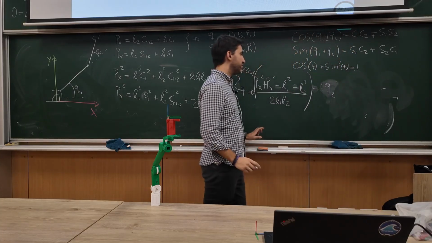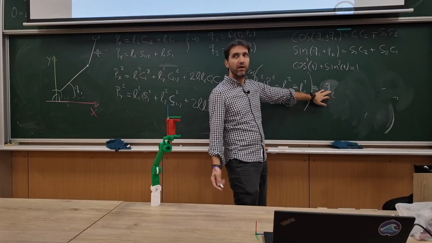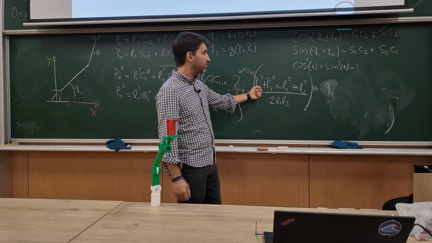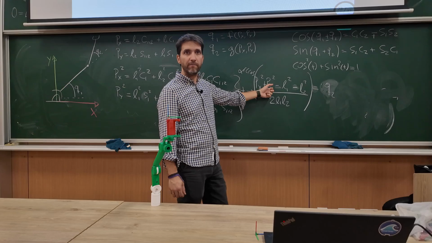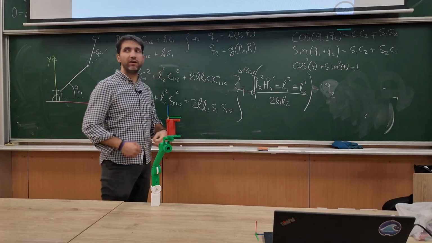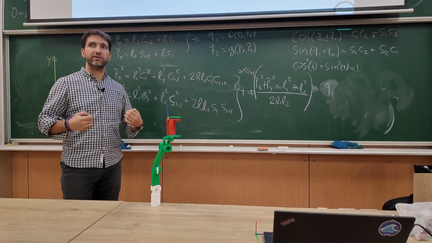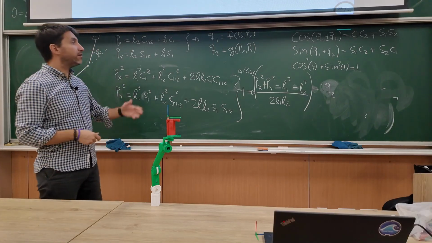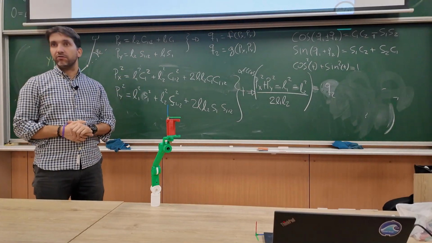And there it is, my first equation. I have Q2 as a function of position on X, position on Y. So now, if I tell you I want to move the robot to some coordinates, you can tell me what should be the second joint coordinate.